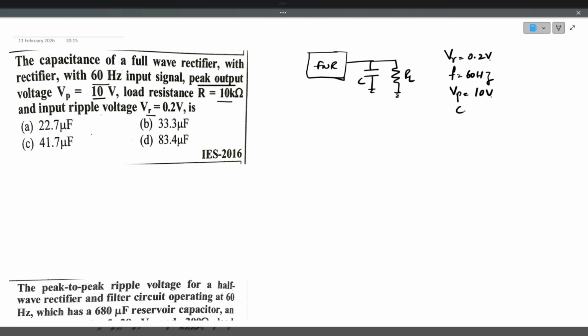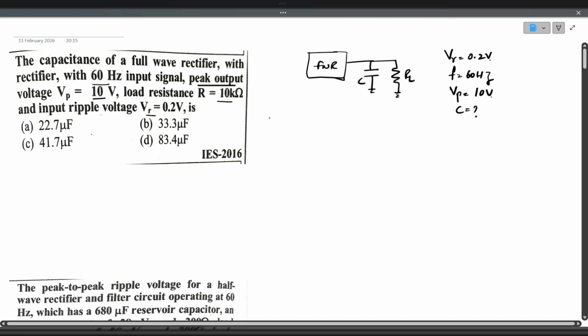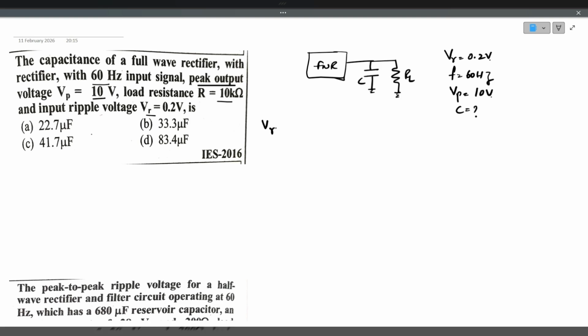What is capacitance? For the full wave rectifier, we have already derived the ripple voltage VR is equal to IDC divided by 2FC, which can also be written as V peak divided by 2FC RL. Substituting these values, the peak voltage is given as 10 volts, 2 into frequency is 60 hertz.